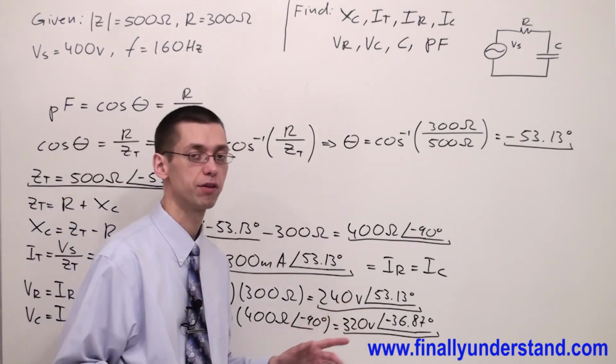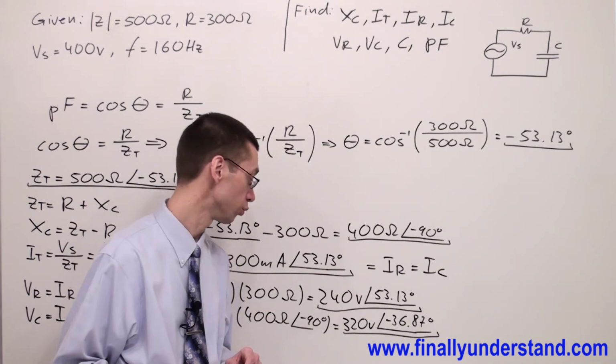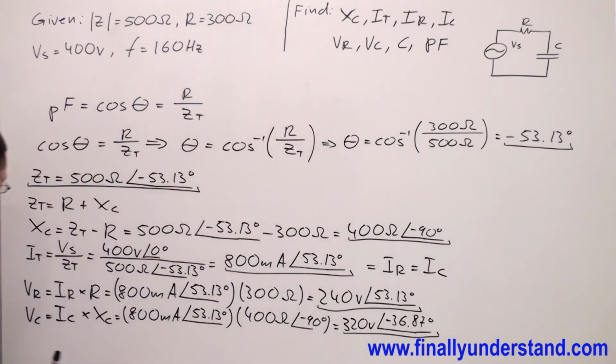In order to verify that our answers are correct, you're supposed to use KVL, Kirchhoff's voltage law, which says that the voltage source is equal to the sum of the voltage drops in the series circuit.